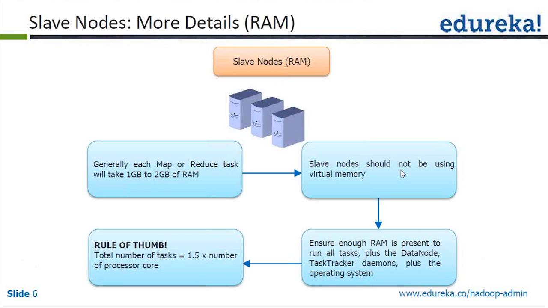So just ensure that you have sufficient RAM to present on all the tasks, plus the data node, the task tracker daemons, and the OS. As a rule of thumb, the number of tasks equals 1.5 times the number of core processors. So guys, the main concern here is you should have enough RAM in the slave nodes.